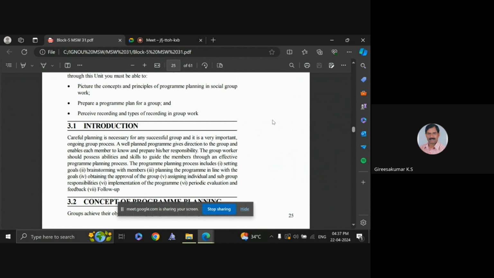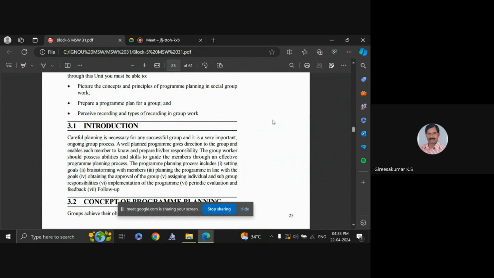It includes effective goals, setting goals, brainstorming with members, planning the program in the correct way to achieve the goal, obtaining approval of the group, then assigning individual and subgroup responsibilities.